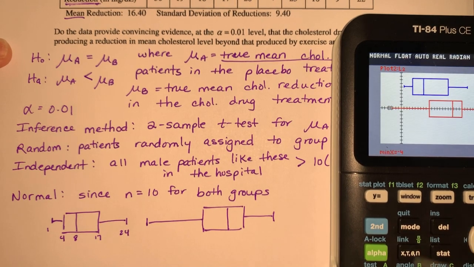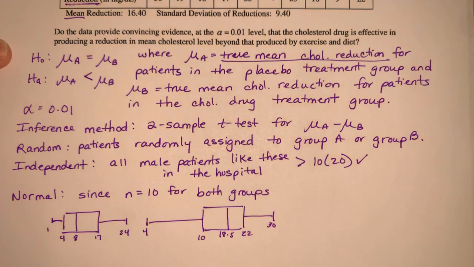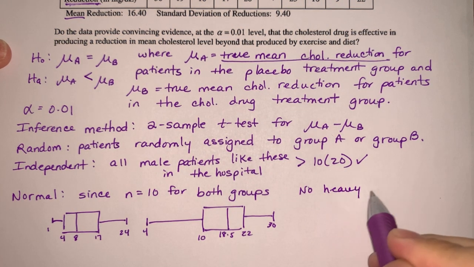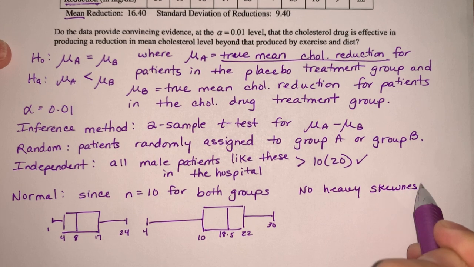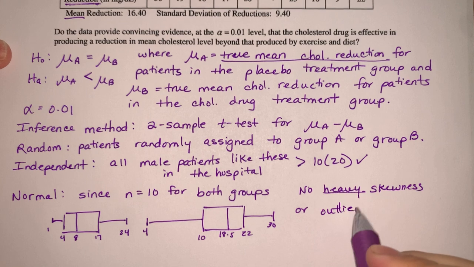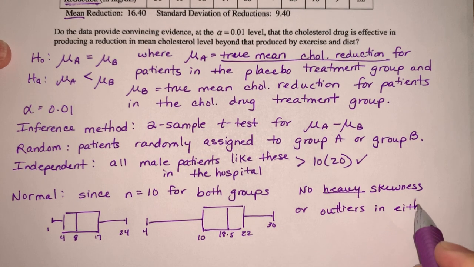24, and then down here we have 4, 10, 18.5, 22, and 30. So there is no heavy skewness or outliers in either distribution.